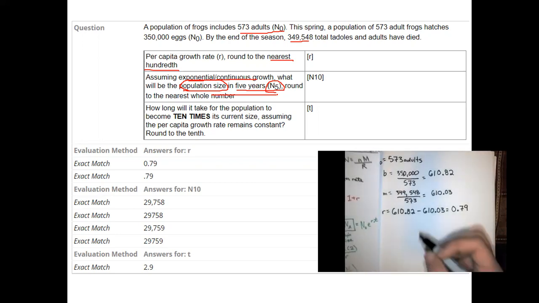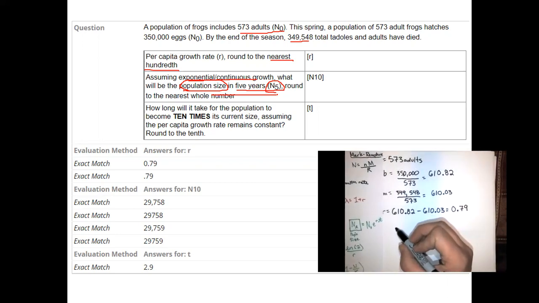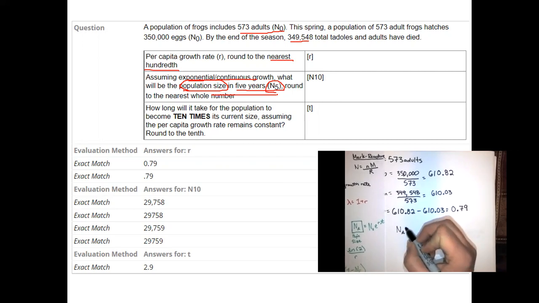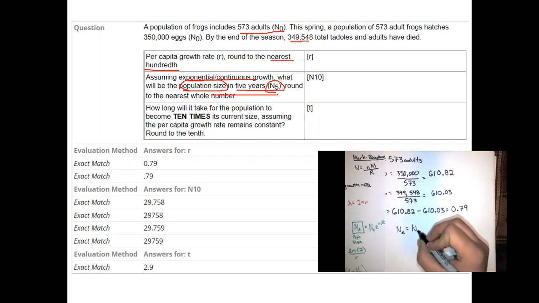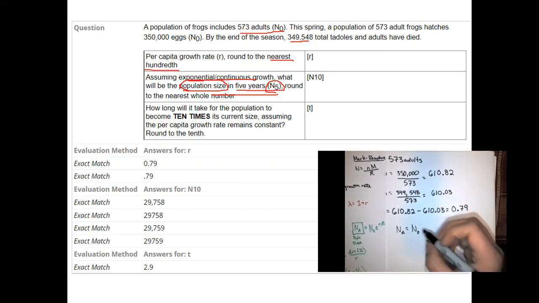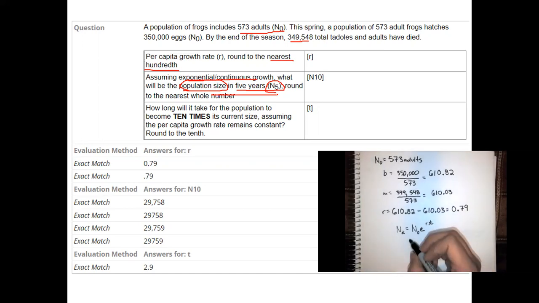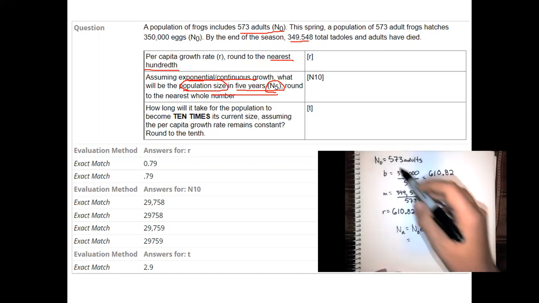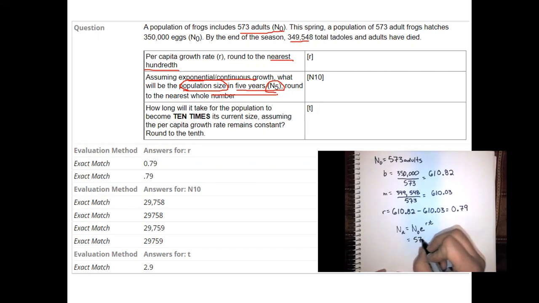So the equation we're going to use is Nt, and we're going to say that's N5, is equal to the original population, 573, times e to the rate times the time. So let's plug this in. We have the original population, 573 individuals, times e to the rate.